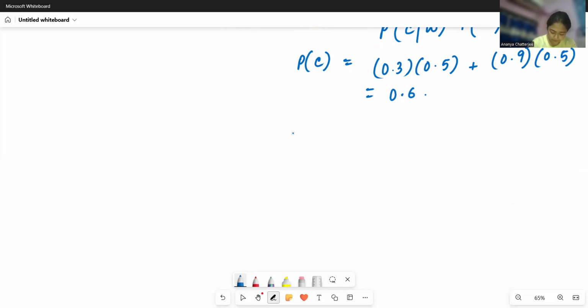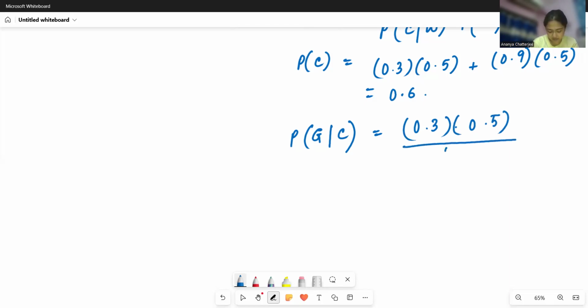Now, probability that it is a guess given that it is a correct answer is 0.3 times 0.5 divided by 0.6.